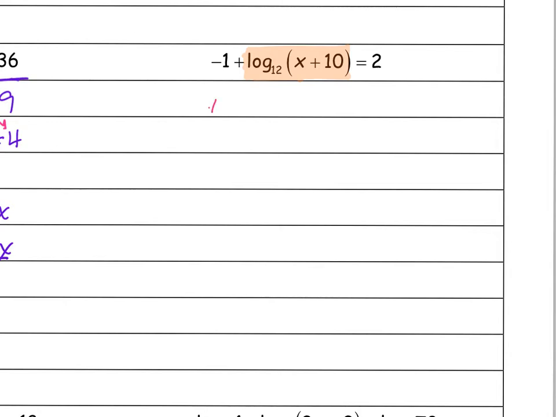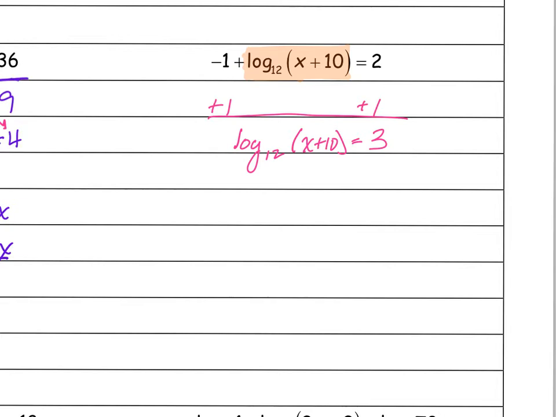This time I'm going to add 1 to both sides because I'm not multiplying, I'm adding. I'm adding that negative 1, so the opposite of negative 1 is plus 1. So here we go. I've got log base 12 of x plus 10 equals 3.